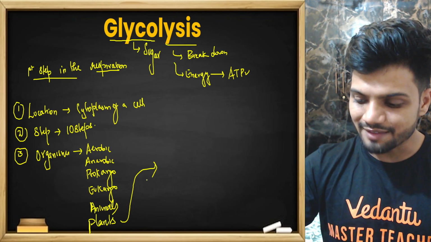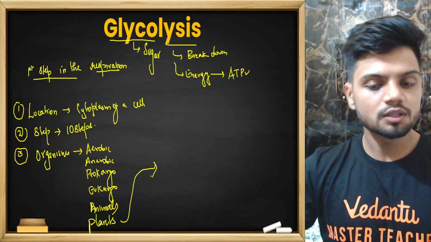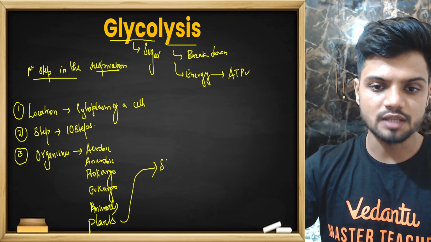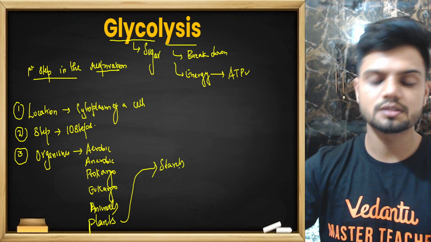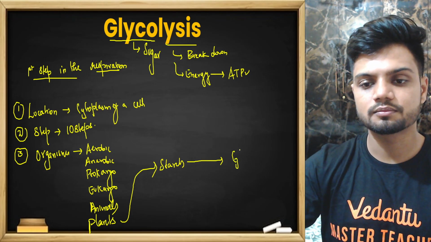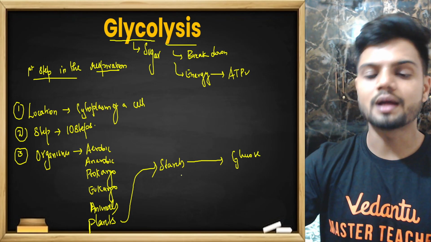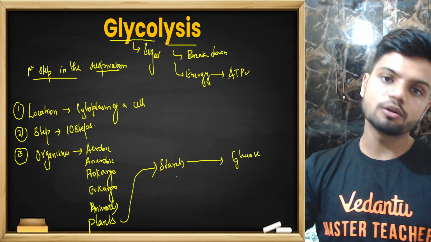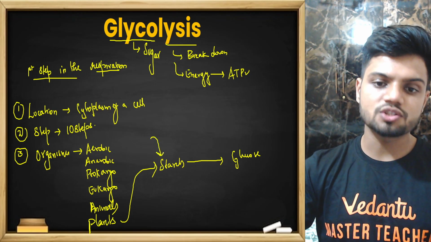Because in the case of plants, every time food is produced, it is stored in the form of starch. And this starch has to be converted back to glucose. See, plants make glucose, and the glucose is stored as starch.